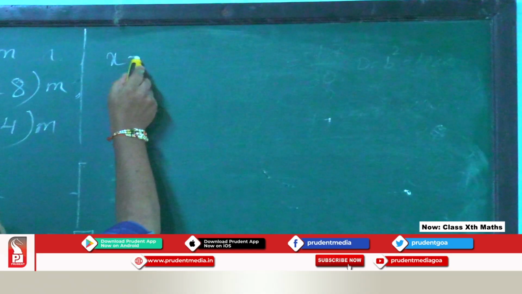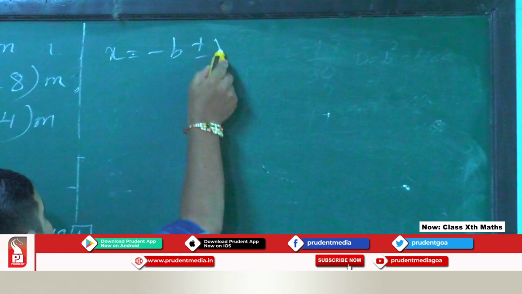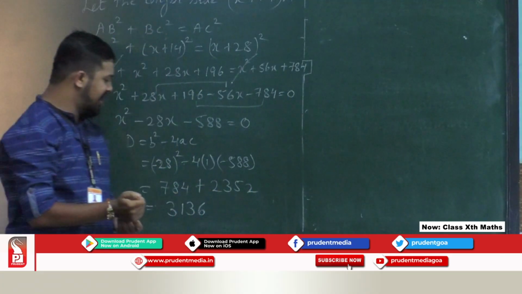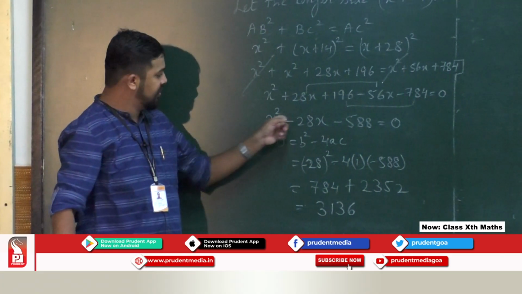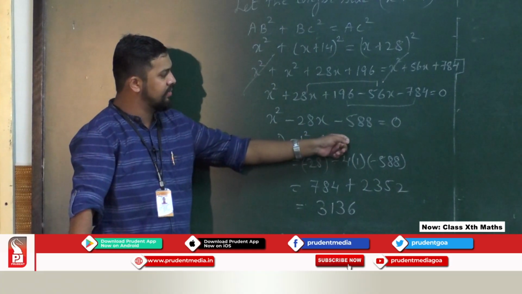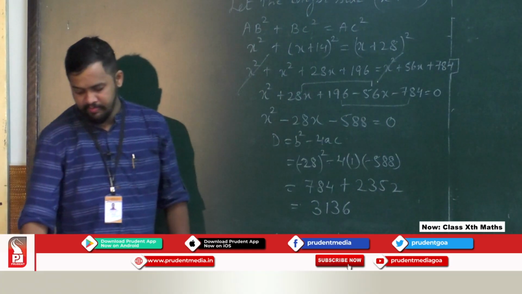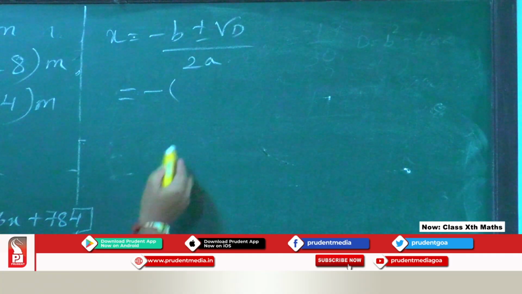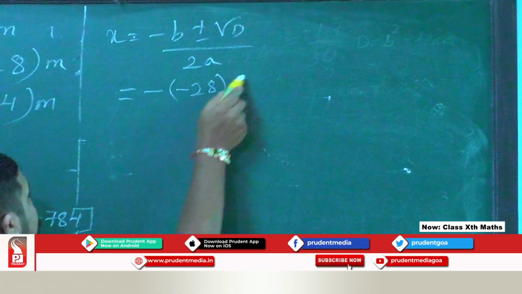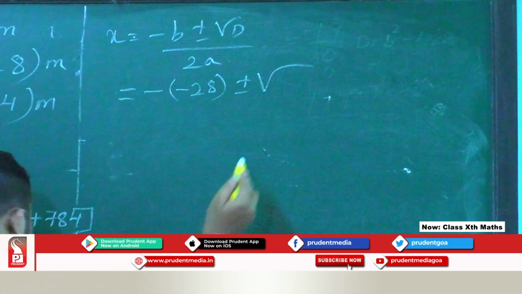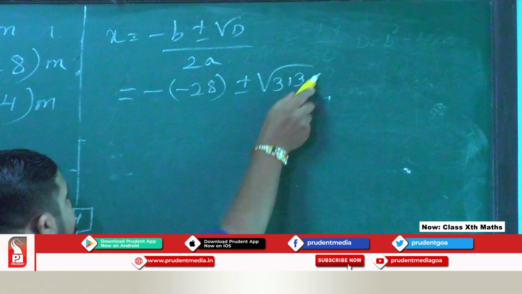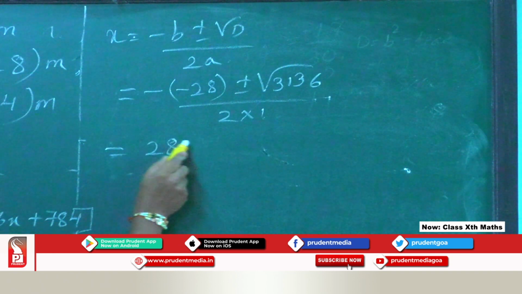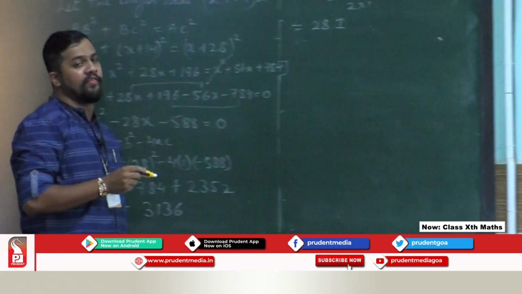So x equals minus b plus or minus root d, by 2a. Let us identify our a, b, c terms: a is 1, b is minus 28, c is minus 588. So minus b is 28, plus or minus the square root of 3136.